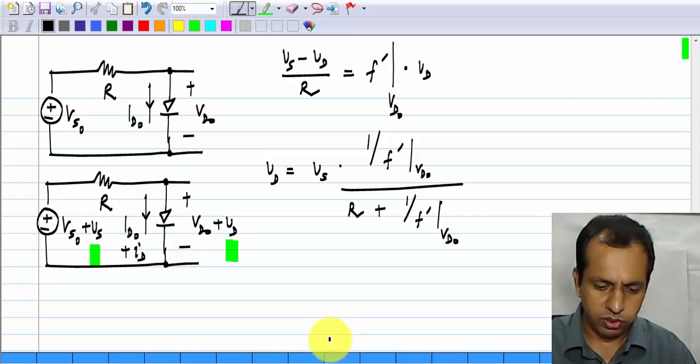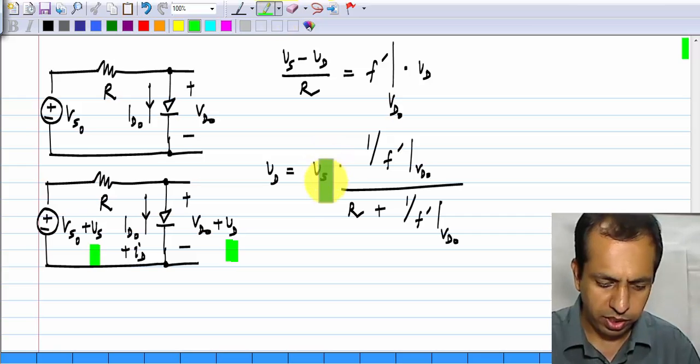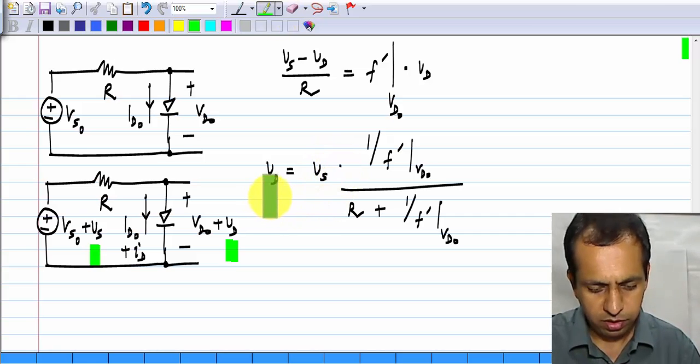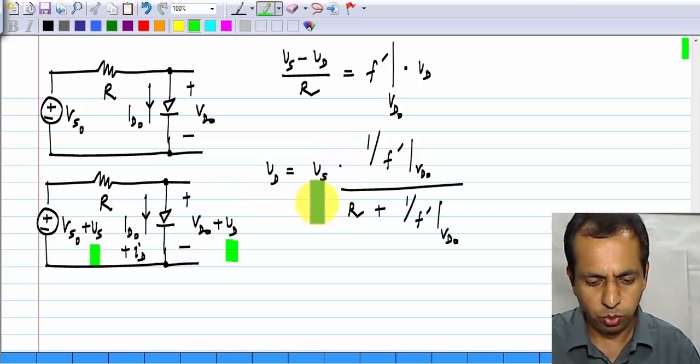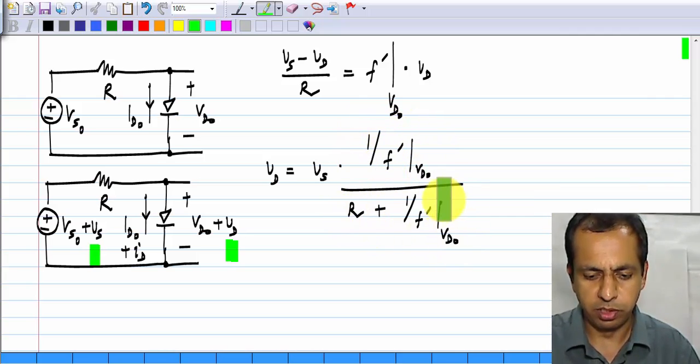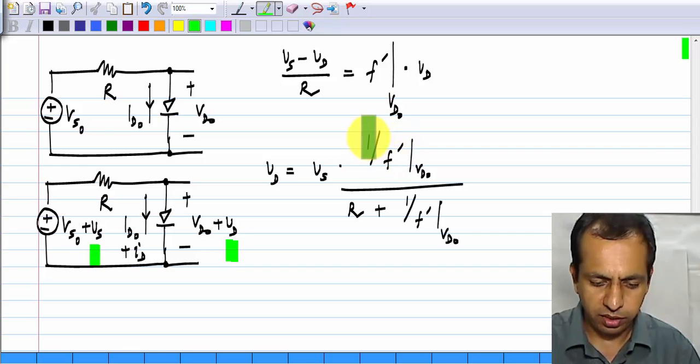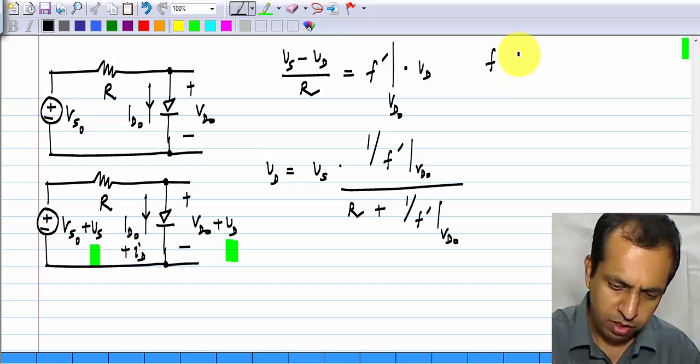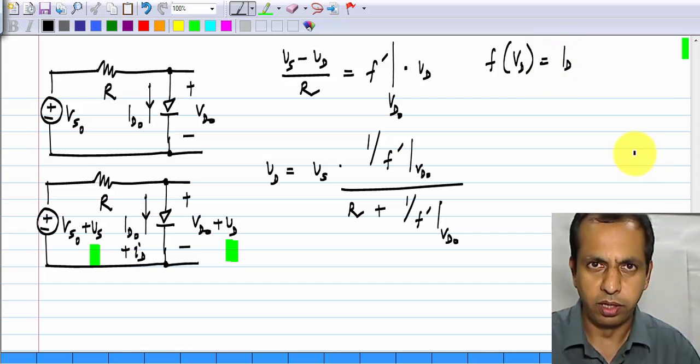This form looks very similar to that of a voltage divider. The voltage across the diode is the source voltage times some number divided by the resistance plus some other number. And it is very clear that this number has dimensions of resistance also, because f of Vd is the diode current.